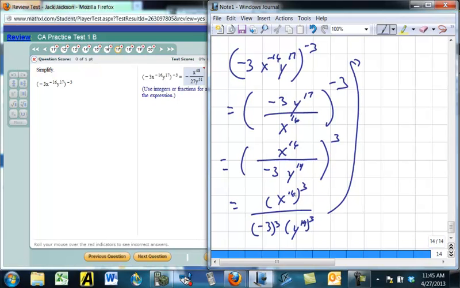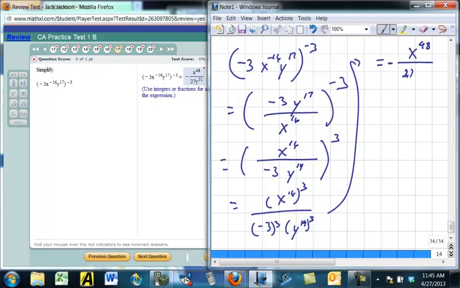And we get, now we multiply the powers here. 16 times 3 is 48. Negative 3 times negative 3 times negative 3 is negative 27. Usually we write the negative out front here in the end.